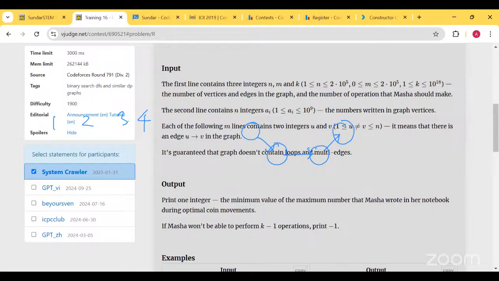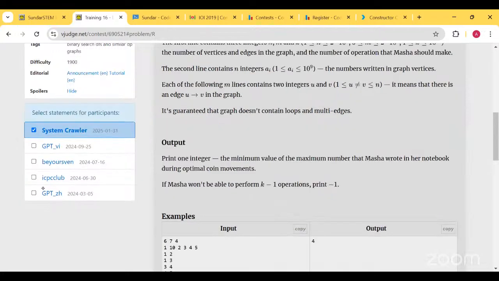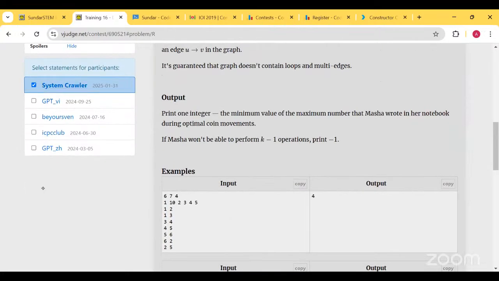So the problem is like this. Given n nodes with some values, and m edges, 1, 2, 3, 4, 5, 6, 7, and this is directed.